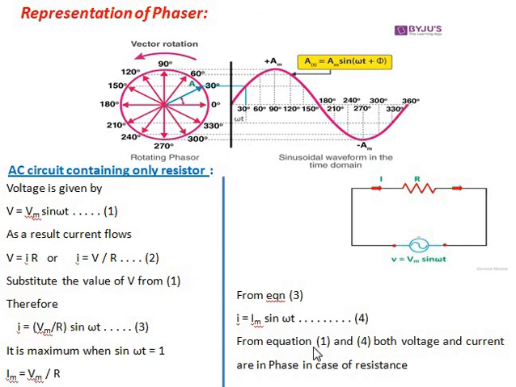Therefore, from both equation 1 and 4, voltage and current are in phase in the case of resistance.